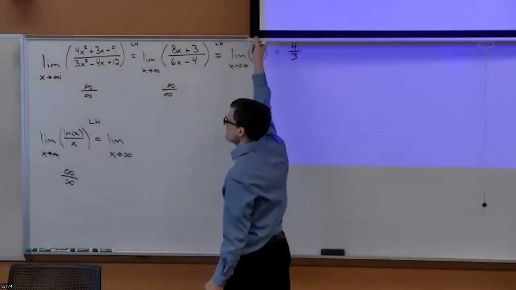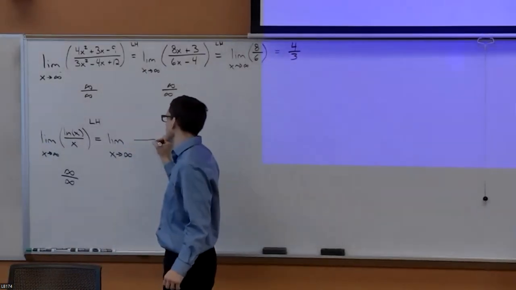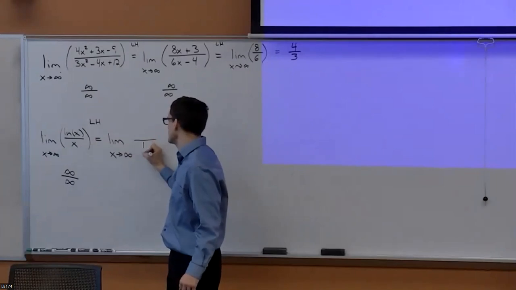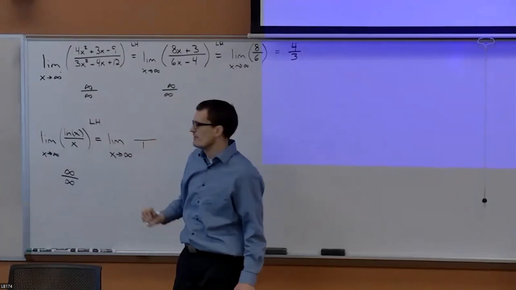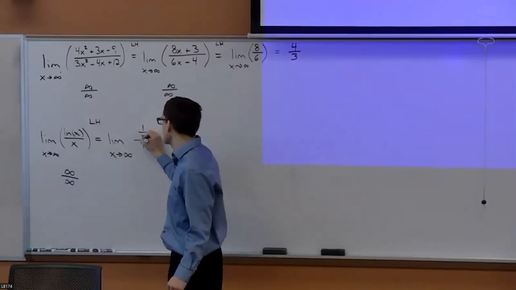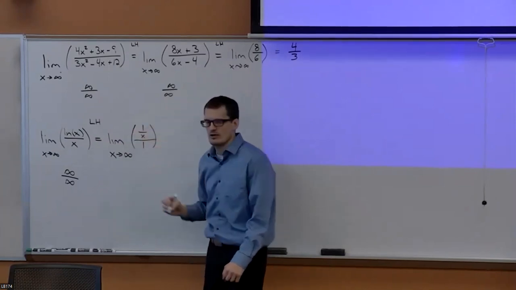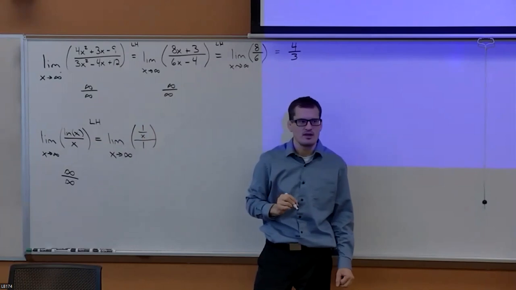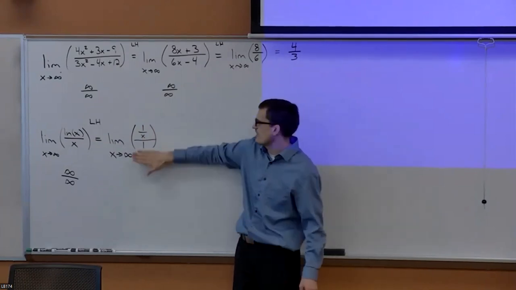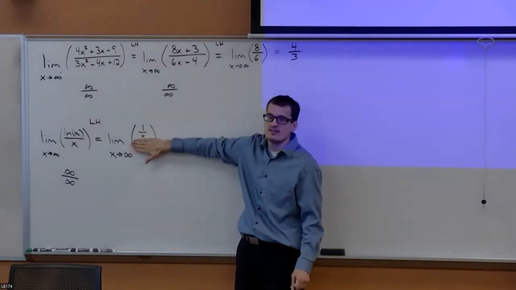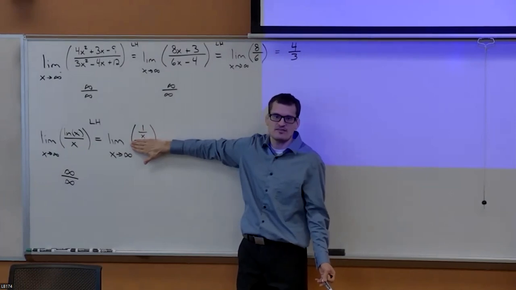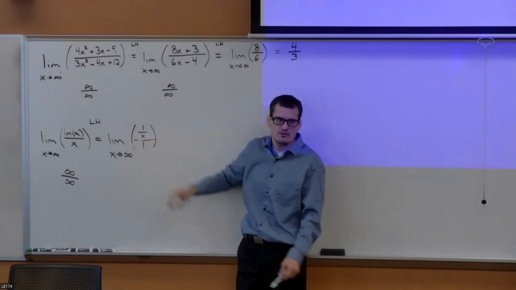So if you use L'Hopital's rule, let me do the derivative of the bottom first. That's 1. Derivative of the top is 1 over x. By the way, 1 over x over 1 is just 1 over x, right? So as x gets really big, this goes back to that first slide. X gets really big, it's in the denominator. The whole limit is getting closer to 0.